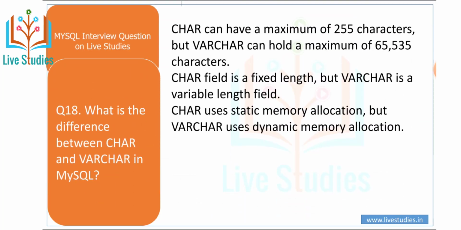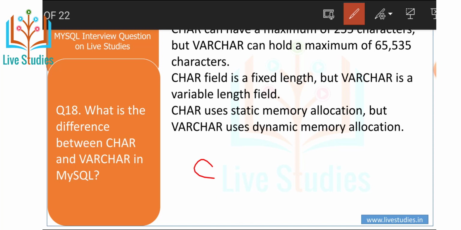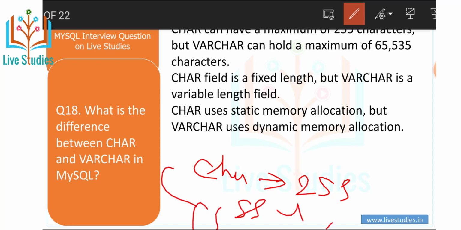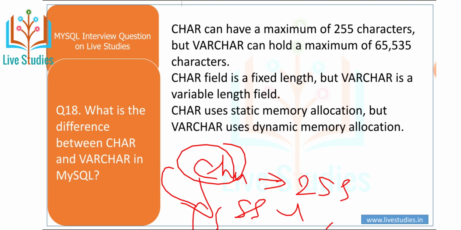What is the difference between CHAR and VARCHAR in MySQL? CHAR can have a maximum of 255 characters, but VARCHAR can have a maximum of 65535 characters. CHAR is a fixed length field, but VARCHAR is not fixed length.